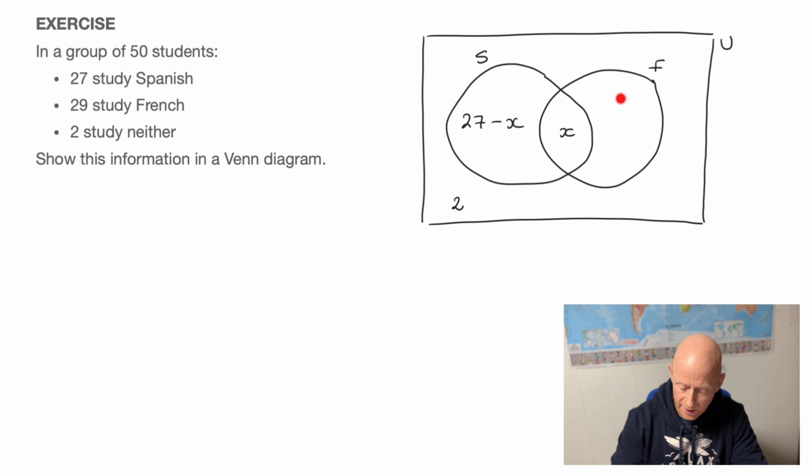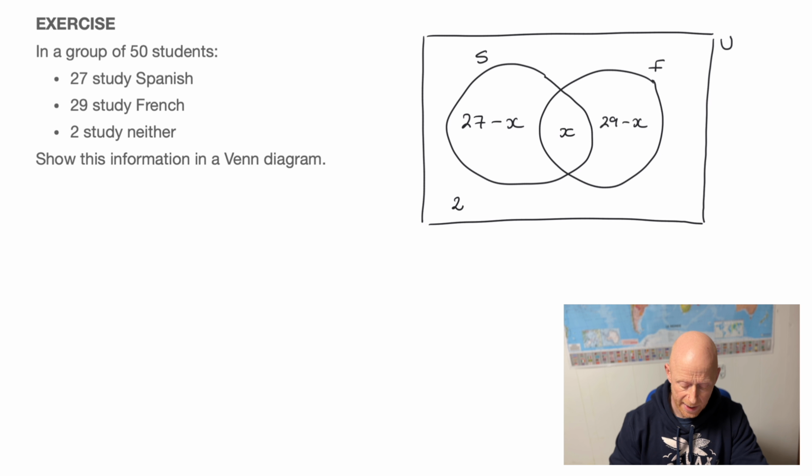In a similar way, I can take care of this part of the Venn diagram using the fact that there are 29 students who study French, and so there will therefore be 29 minus x students who study French and not Spanish.